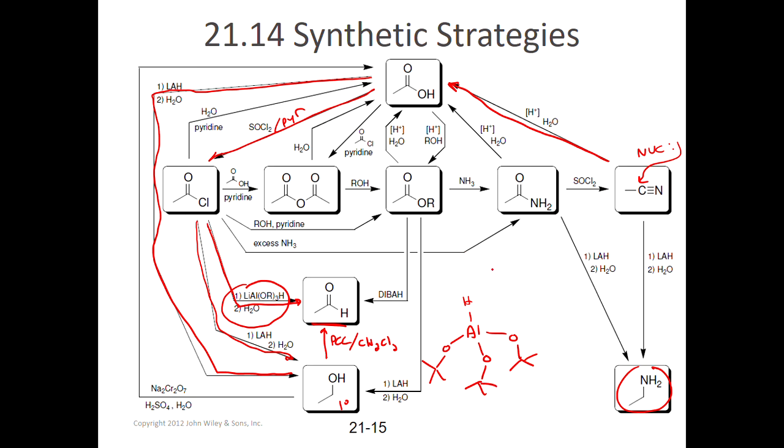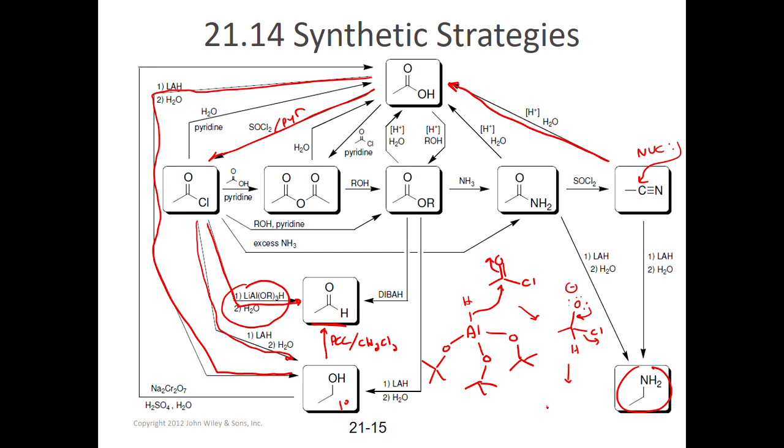So if I have an acid chloride, what will happen here is the hydride will be delivered, pushing electrons up. Once that occurs, the negative will swing back down and push out the chloride.